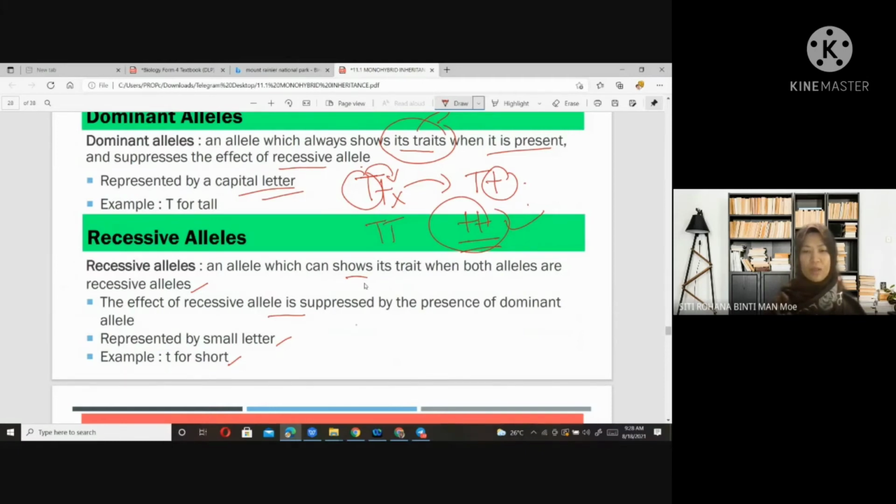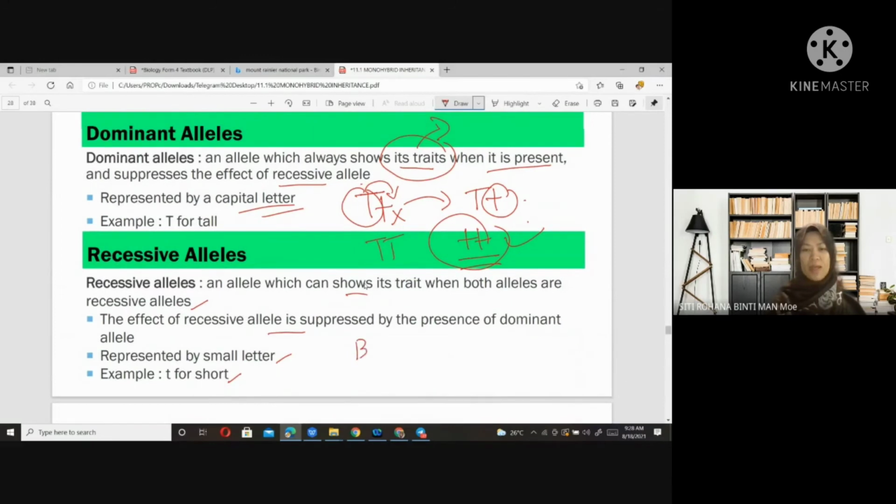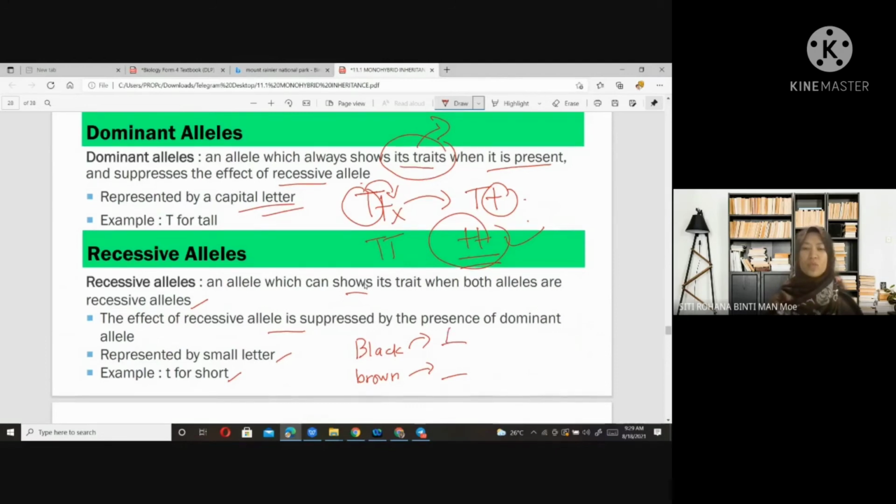Okay, example, black is dominant color for hair, while brown is recessive for hair color. So biasanya dia takkan bagi huruf, awak yang tentukan. Mungkin ada student jawab B besar sebab tengok black kan, B. So this one, small b.